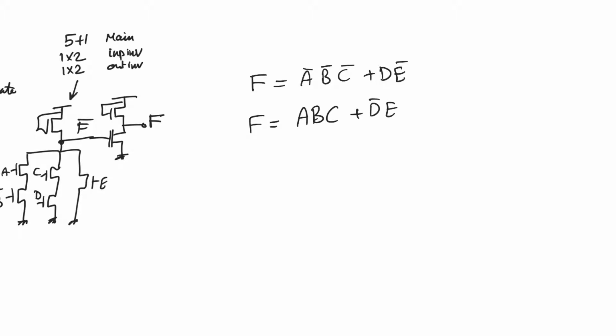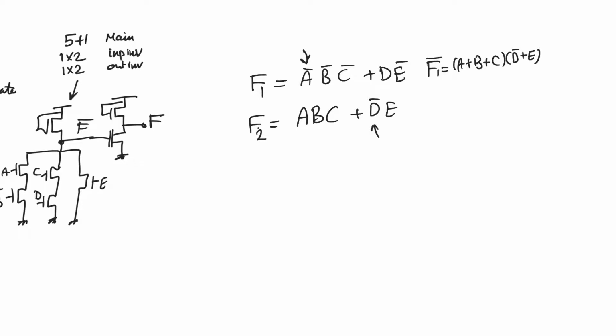So these two functions are very similar, except that the first function, f1, is rich in inversions. And so when you take the expression of f1 bar, it's going to be a plus b plus c into d bar plus e. So that expression is going to need one additional input inverter, which is useful. It's certainly a lot more useful than implementing the expression of f1, which would have needed 4 input inverters plus an additional output inverter.